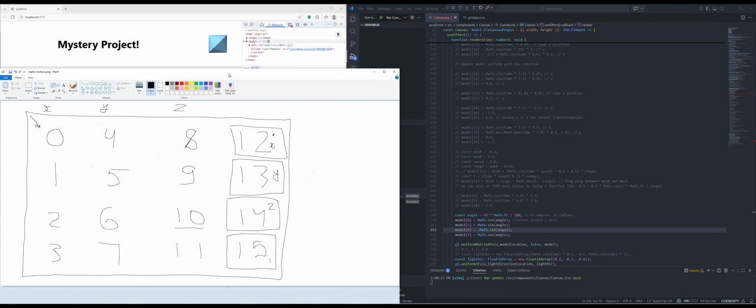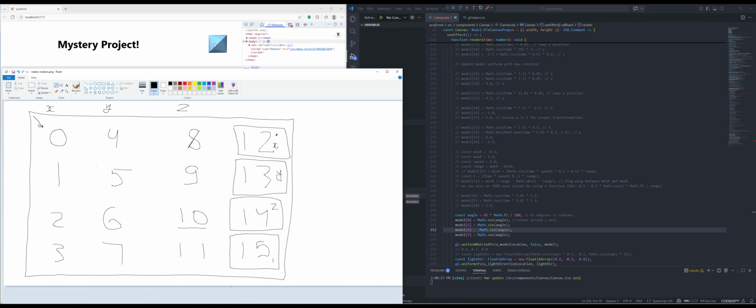So I made a mistake. I'm sorry. It's counterclockwise rotation. Yeah. So for Z, if one is positive, then we have counterclockwise rotation. Wow. That's a little bit confusing here right now.